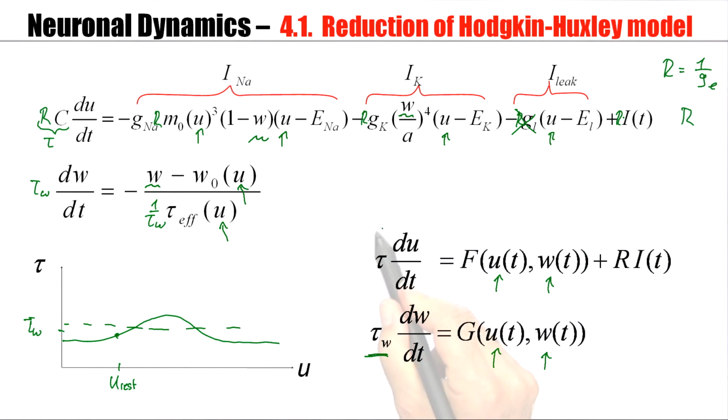Now this is an explicit form. u is a variable which is time dependent. w is a variable which is time dependent. However, it's convenient and normal to suppress the arguments in these functions f and g. u is the variable, you see it, because on the left-hand side you have the time derivative.